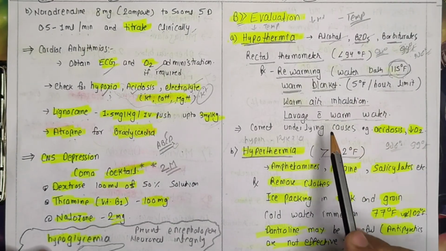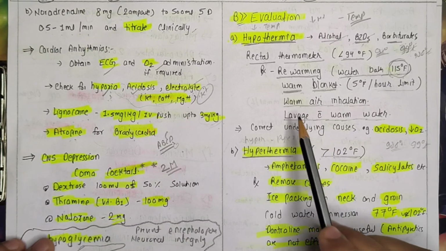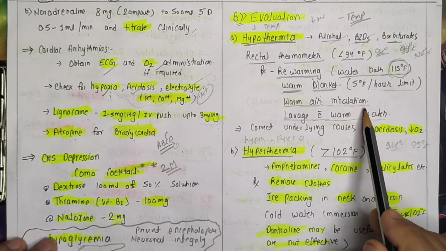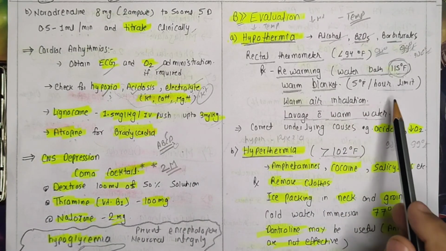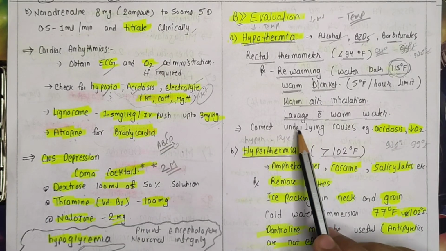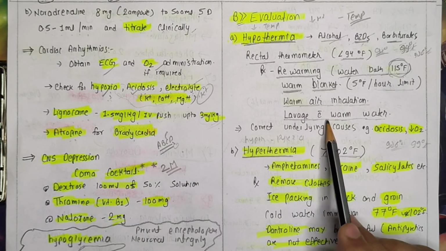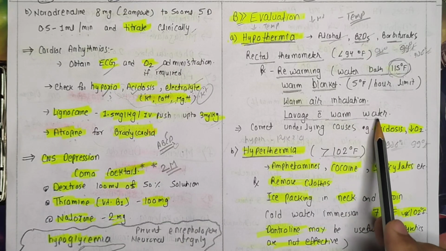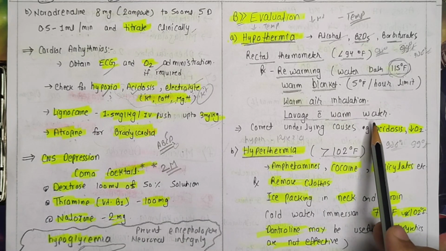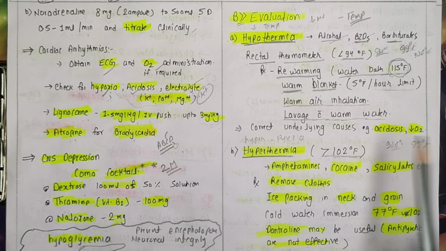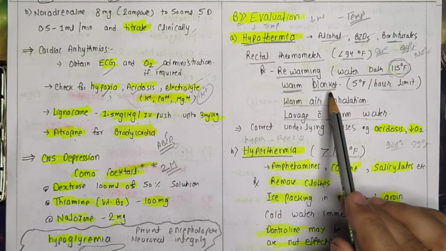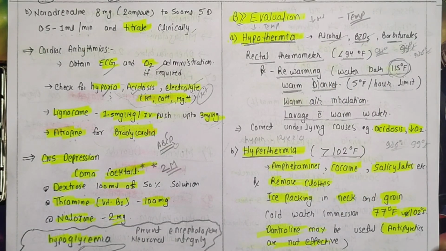Then if the facilities are available, we can go with warm air inhalation by nebulizer or some other devices. Some toxicologists or physicians suggest that lavage with warm water is again going to improve the body temperature. However, rewarming by water bath and warm blanket are the most commonly used methods to correct hypothermia.